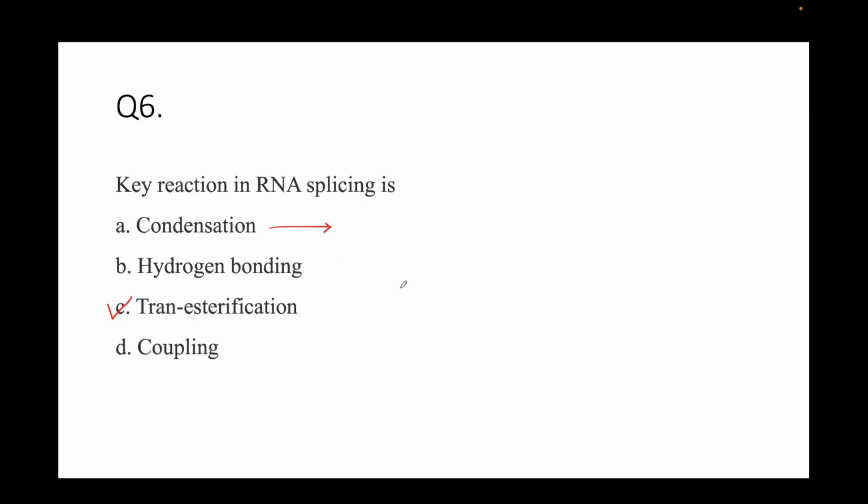Let me explain. If you don't understand, you can ask me. In a condensation reaction, a water molecule is released. Like A plus B gives rise to product C plus a water molecule.